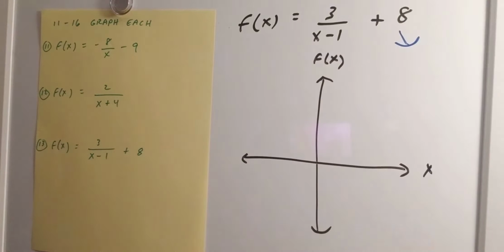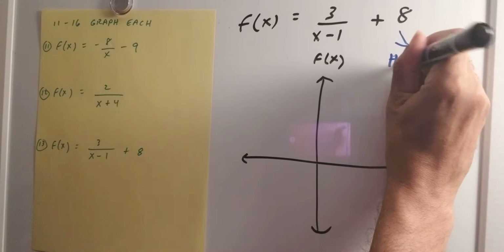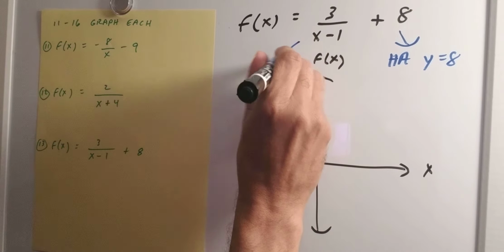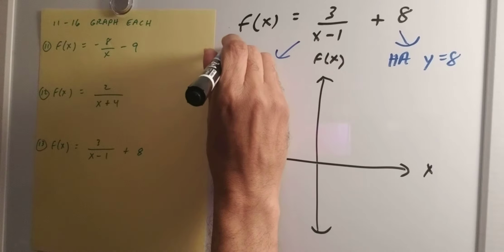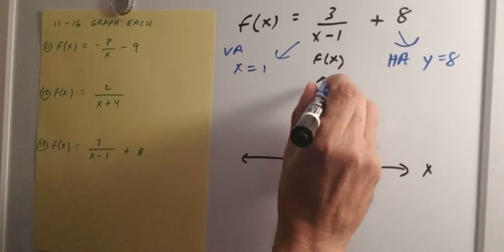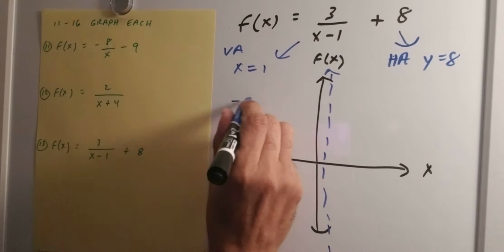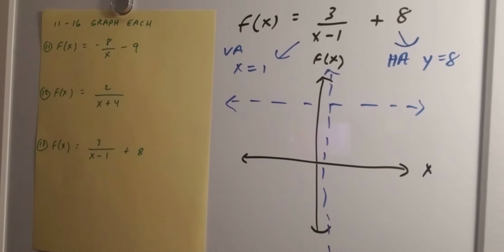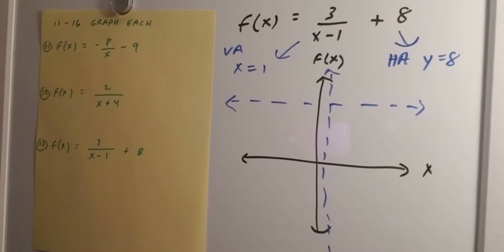Plus 8 identifies our horizontal asymptote y equals 8. And here we get our vertical asymptote x equals 1. So vertical asymptote at x equals 1. Horizontal asymptote at y equals 8. Going to be vertically stretched by a factor of 3.